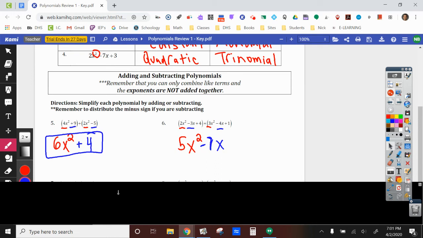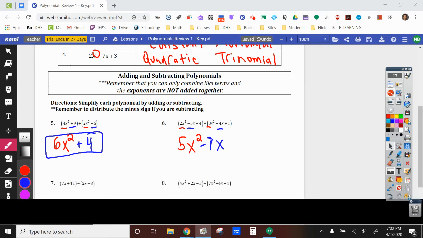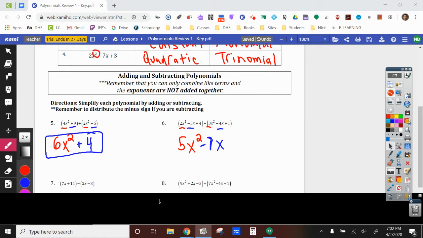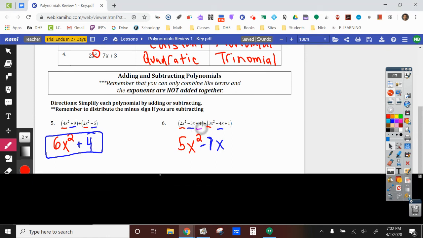And it looks like I have a couple more terms to combine here. I have a positive 4 with a positive 1. Those are both just numbers, so 4 plus 1 is a positive 5. So when I add these up, this is my final simplified expression.